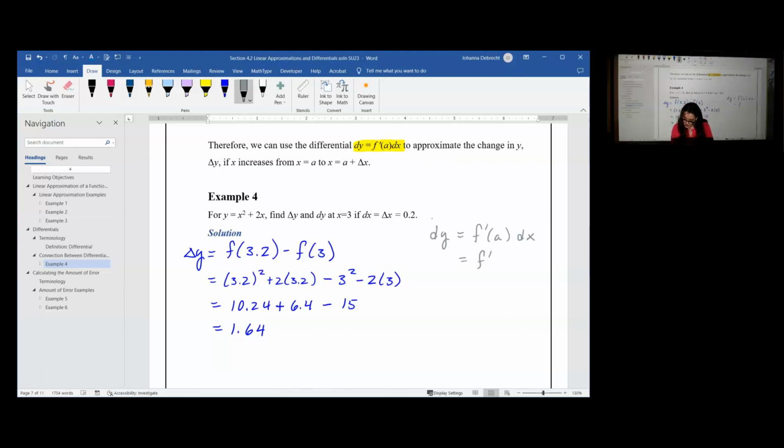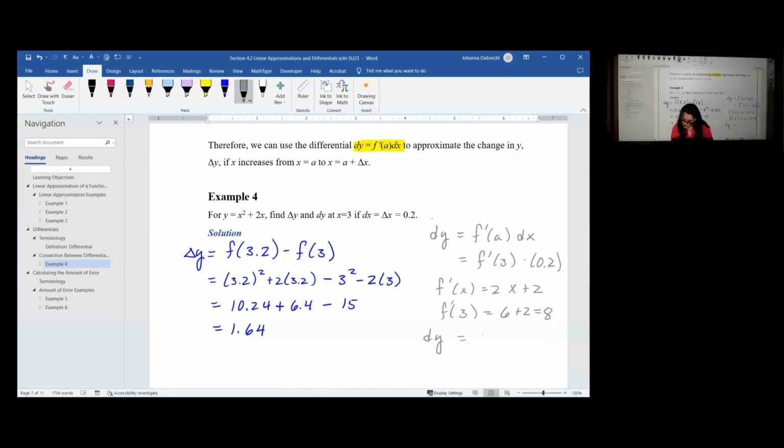So we need to find the derivative at 3 and then multiply it by 0.2. The derivative of my function is 2x plus 2. If I evaluate that at 3, I end up with 6 plus 2, or 8. Then the differential dy, the change in y on the tangent line, becomes 8 times 0.2, or 1.6.